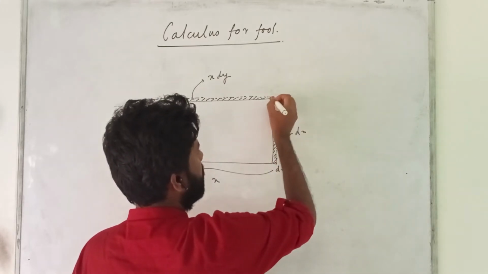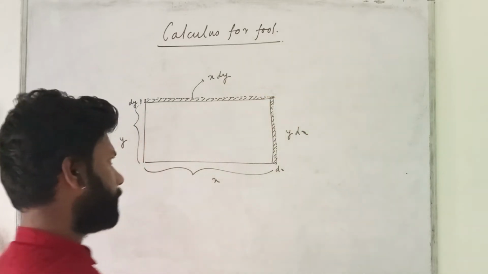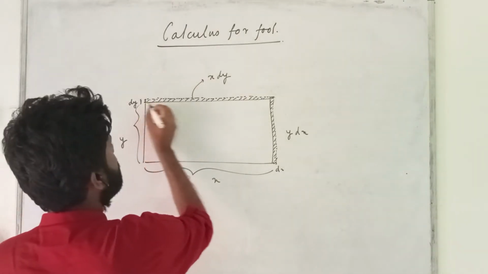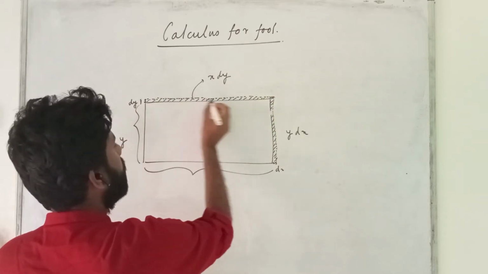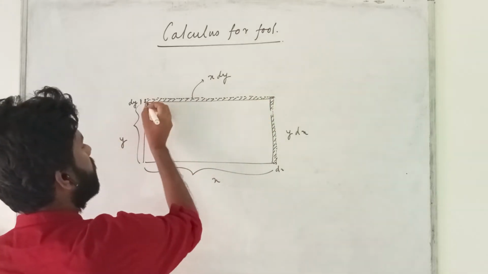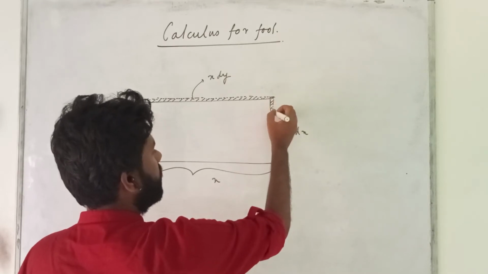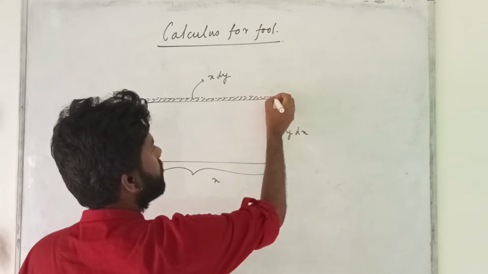But what is this thing actually? It is a very small thing, probably invisible. The x dy is probably visible. You can calculate what this is, and obviously y dx is also visible, right? But what is this black patch?